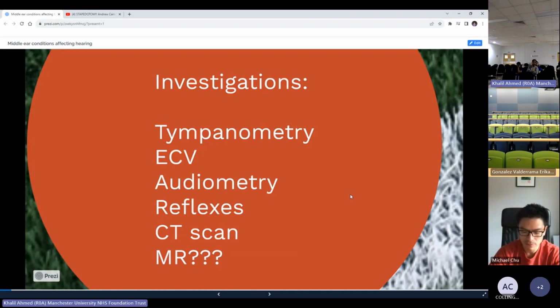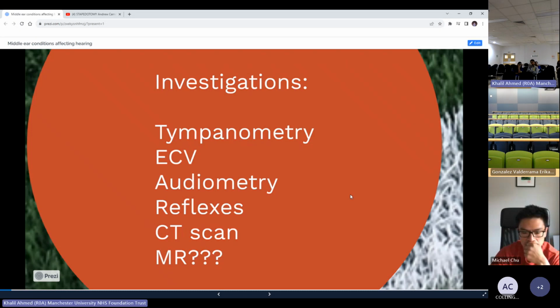So if you find that the ear canal volume is 3.6 centimeters cubed, there's something wrong. So anyone want to tell me how you could get a 3.6 centimeter ear canal volume? A perforation.